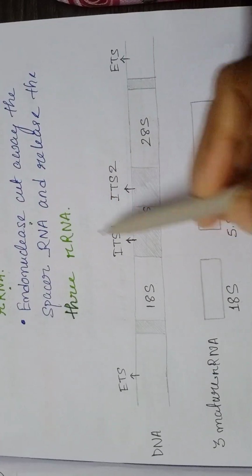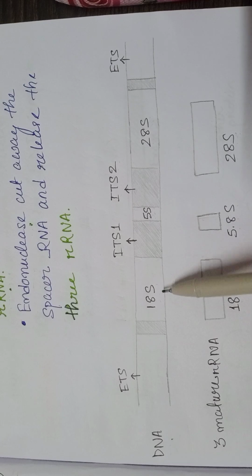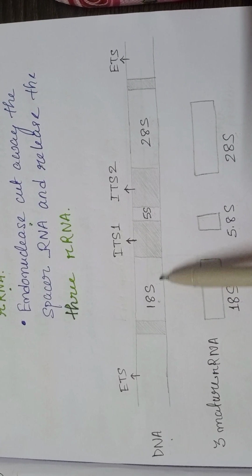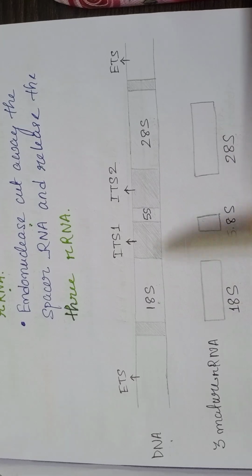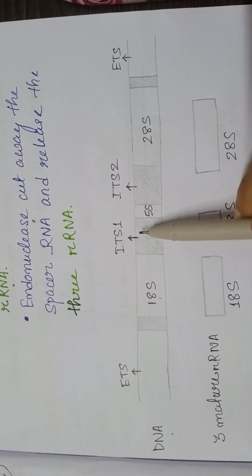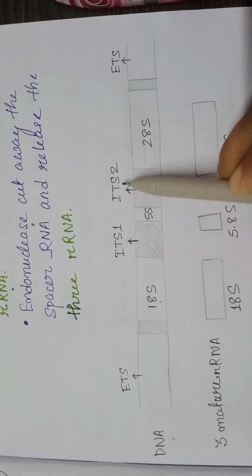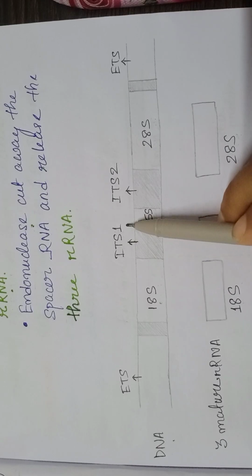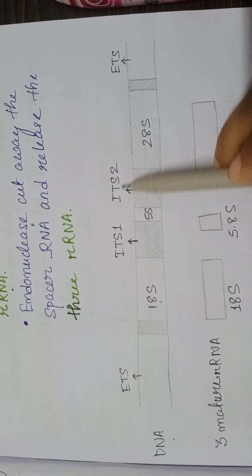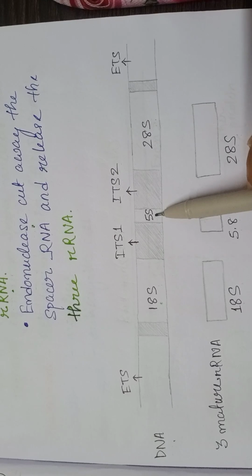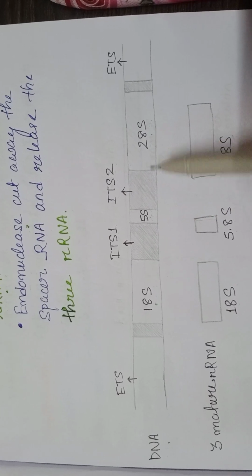You can see in this diagram, this DNA is present, and these are 18S RNA, 5.8S and 28S RNA, and between them spacer RNAs are present as ITS1 and ITS2. ITS1 is present between 18S and 5.8S, and ITS2 is present between 5.8S and 28S.